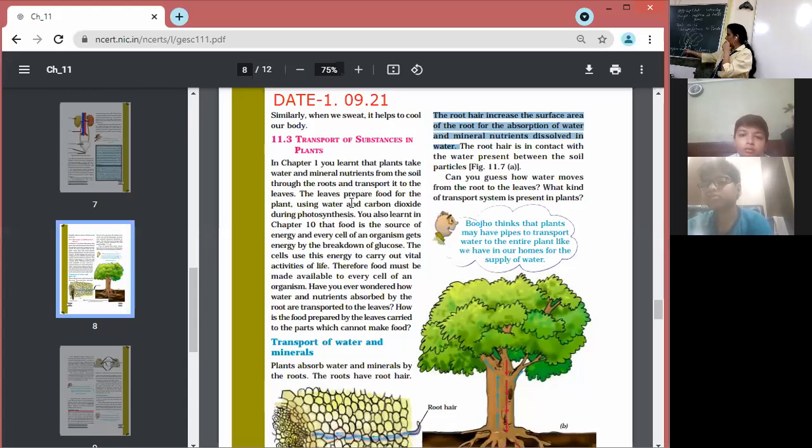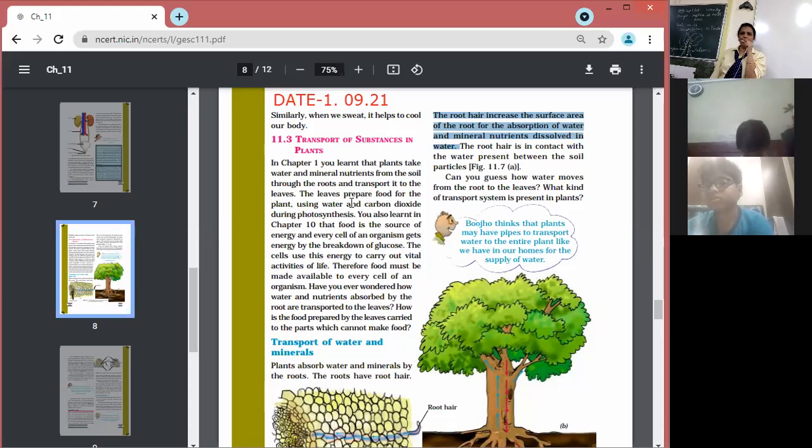This arrow is upward and this arrow is downward. What does it show? The upward arrow, as I told you, shows roots absorbing water and minerals from the soil and transporting them to the leaves. Why to the leaves? Because the food is prepared in the leaves.